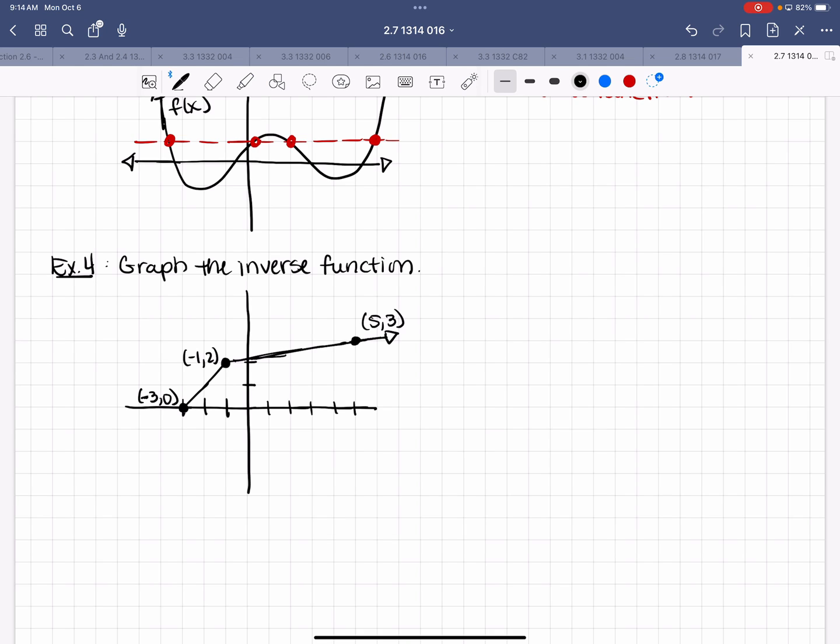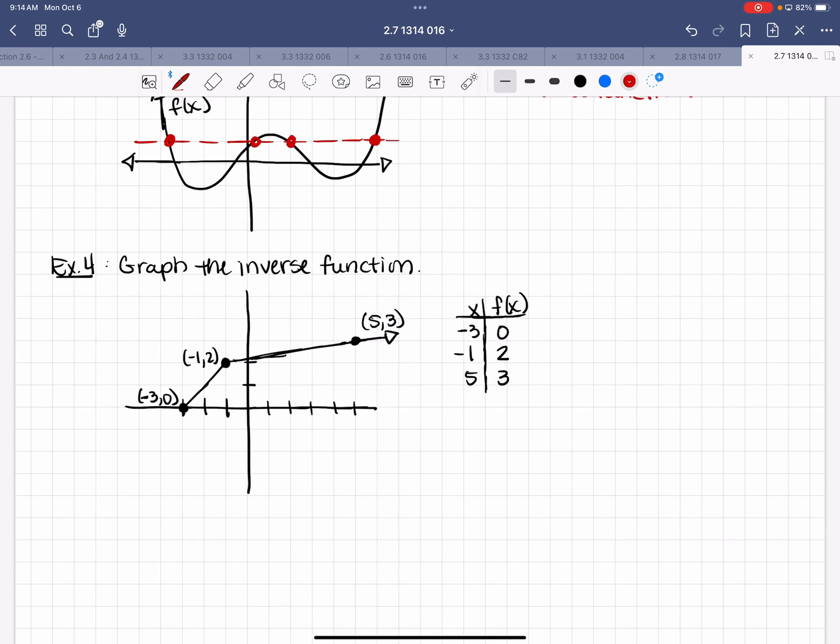So the easiest way to do this is we just list those points, kind of like I did when I was drawing that parabola a while ago. You list what points you have. You have -3, 0. You have -1, 2. And you have 5, 3. Okay?